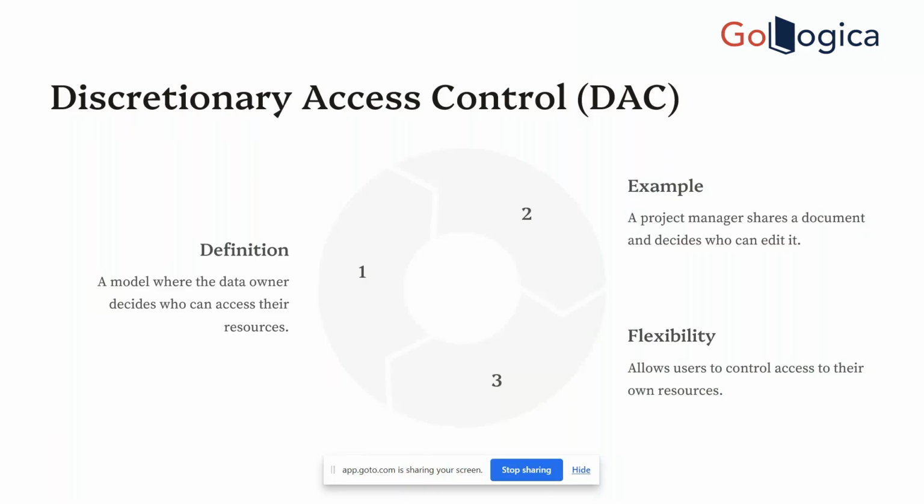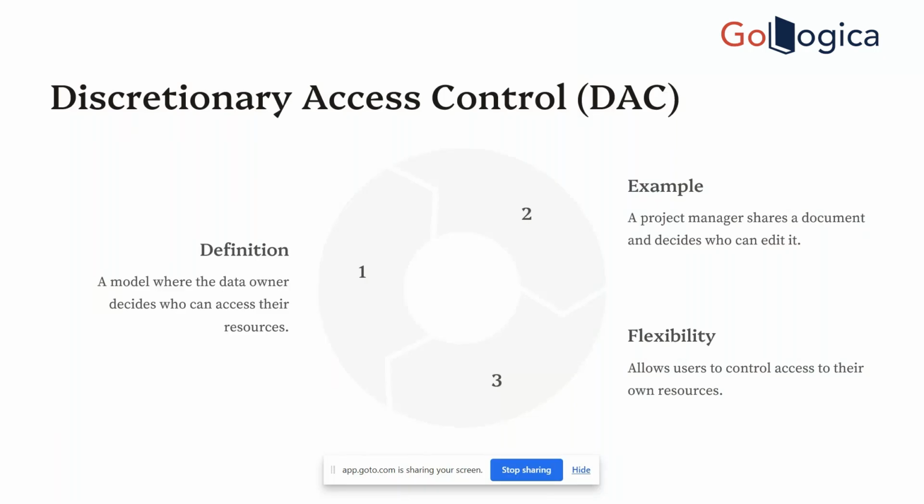That is how we call it DAC. It gives us flexibility. It allows users to control access to their own resources. We can see this in the organization or on the project side, and we can implement this kind of activity with our policy and rule side.